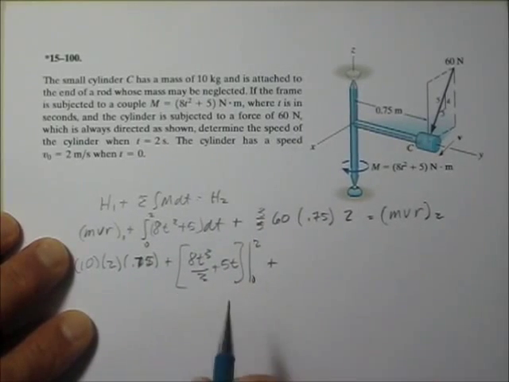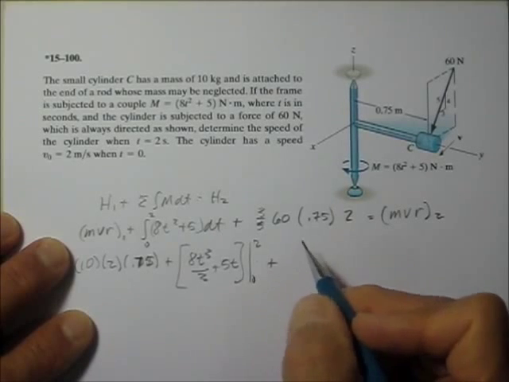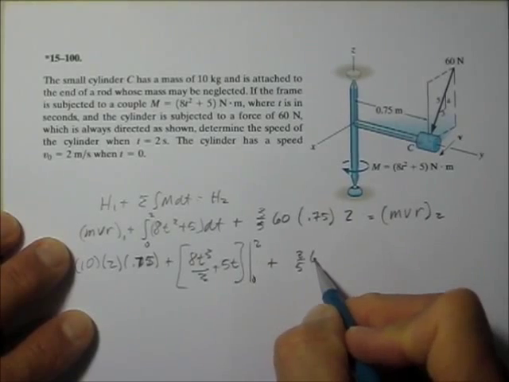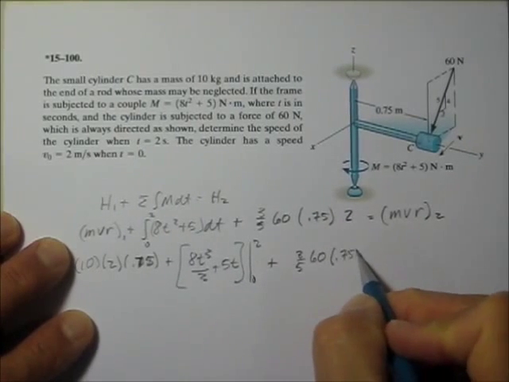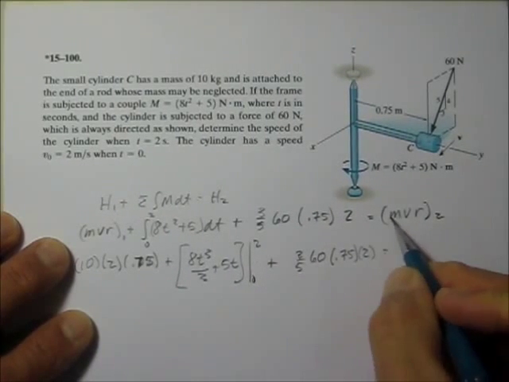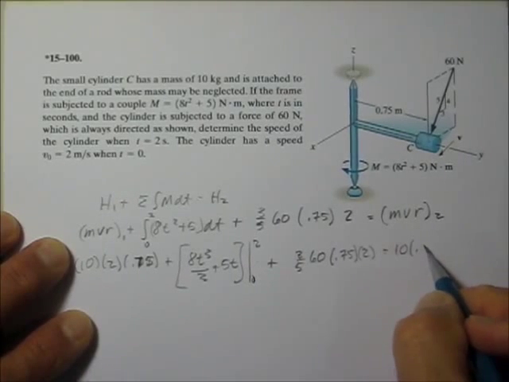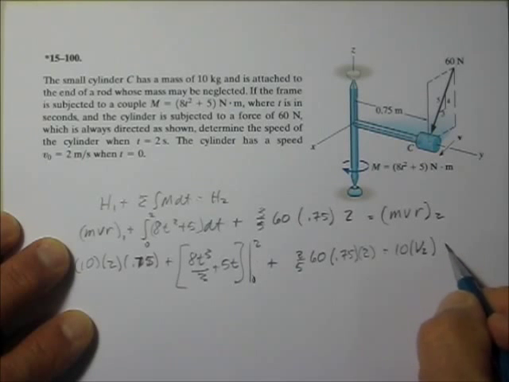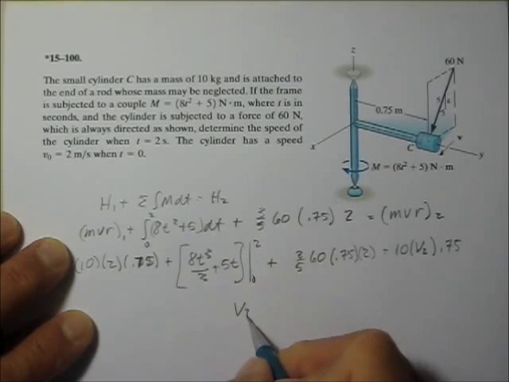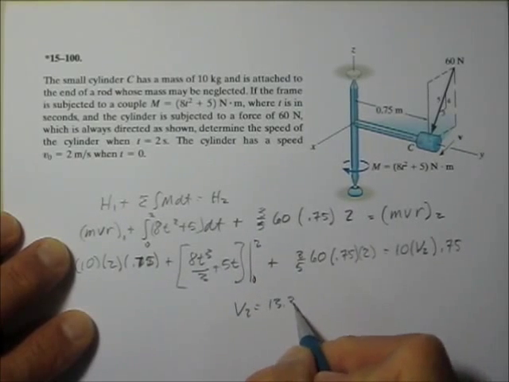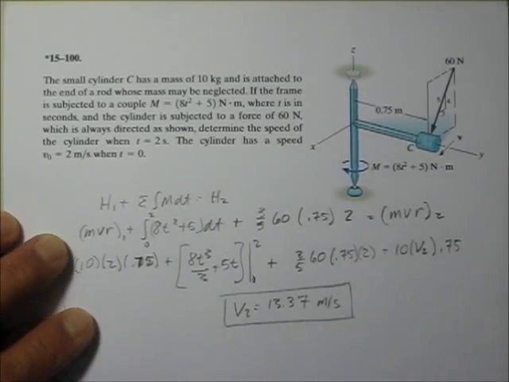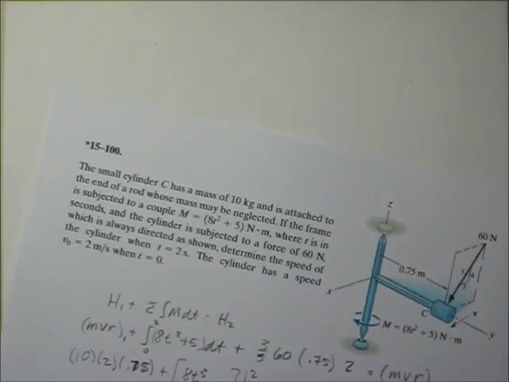And then the 3/5 term: 3/5 of 60 times 0.75 times 2 is equal to my mass of 10 times V2, which is my unknown that I'm looking for, and r was 0.75. I get V2 is equal to 13.37 meters per second. All right, so that one's fairly simple.